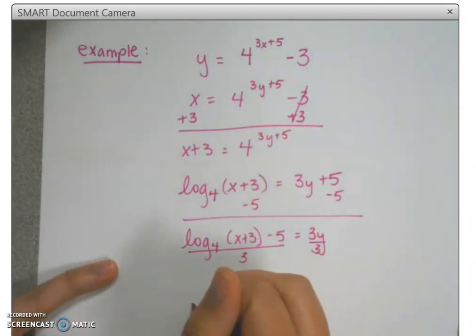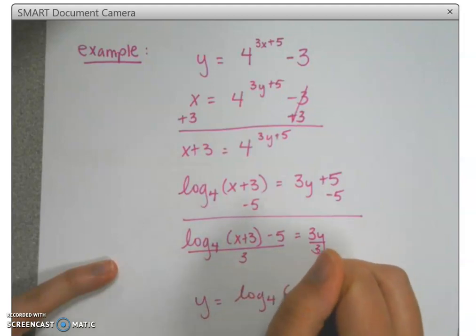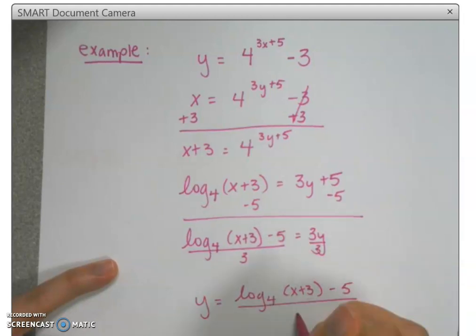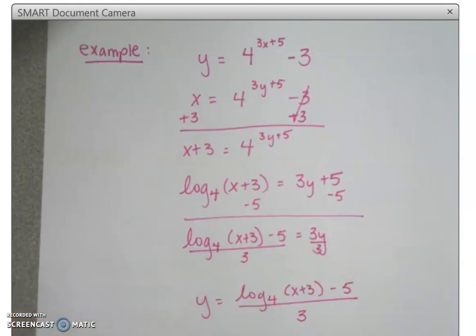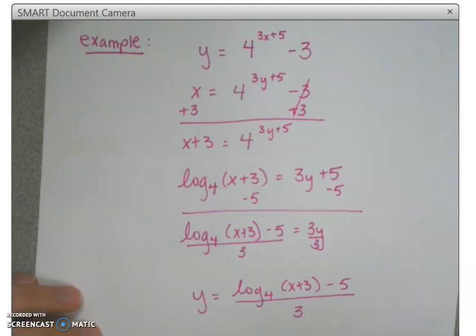So my final equation is y equals log base 4 of x plus 3 minus 5 all over 3. So for these, you're not actually solving for a value, you are rearranging the function to get the inverse of it. So that is the first example.